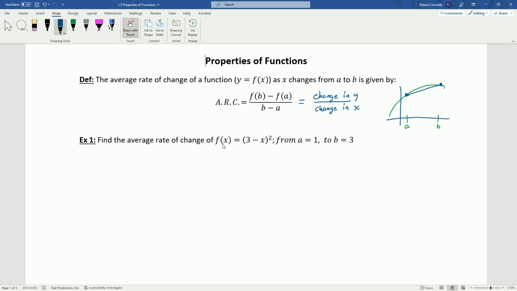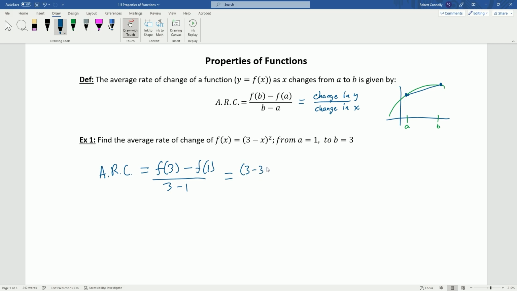Find the average rate of change of f of x equals 3 minus x all squared from a equals 1 to b equals 3. So here we're just going to plug into the formula. That's all there is to do, really. So f of b, which is 3, minus f of a, which is 1, over 3 minus 1. So now we just take these and plug in. So f of 3 means take my function f of x, replace x with 3.